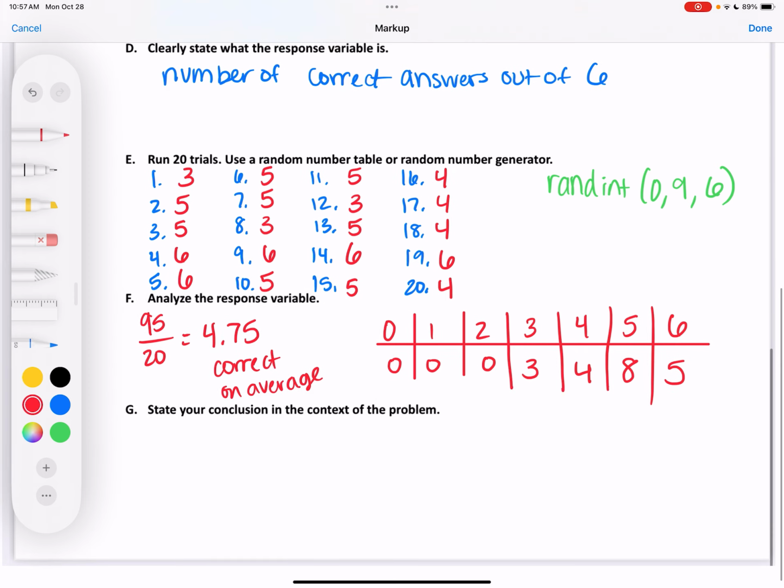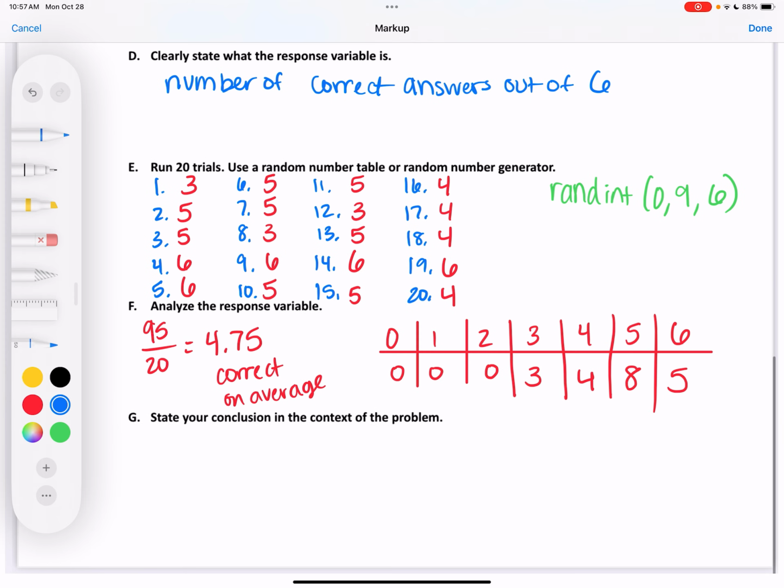So as far as the conclusion of this, I would say something along the lines of she might expect to get whatever the amount correct that you got, like your average.